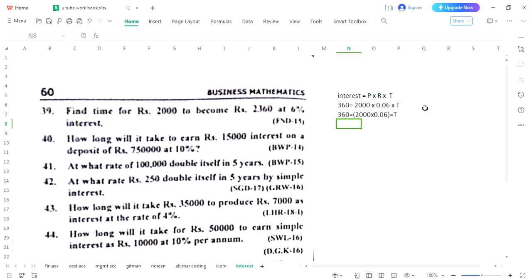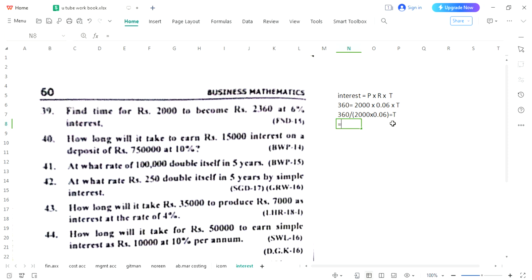You can see that this is 360. When you take it to the opposite side, it would be divided. Note it down. Both 2000 and 0.06 were being multiplied and you have taken them to the left side, with which they would be divided.